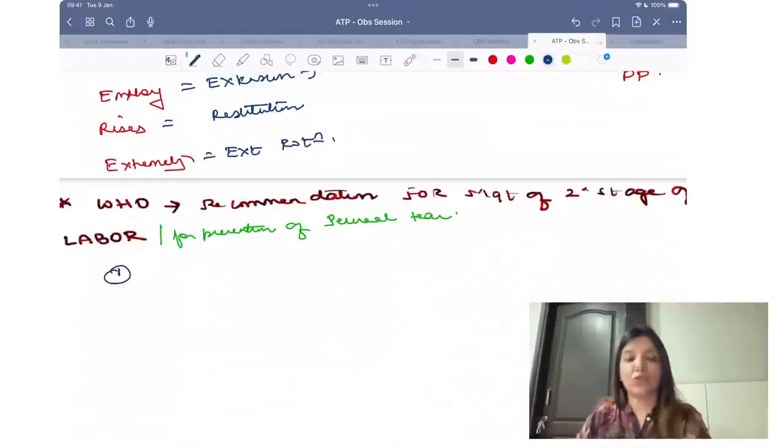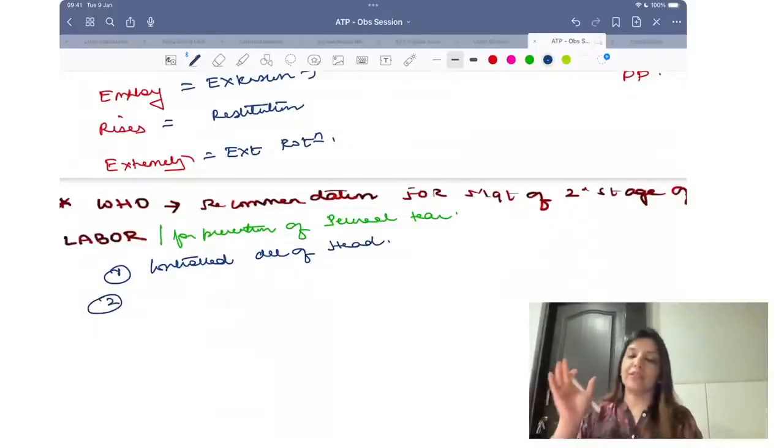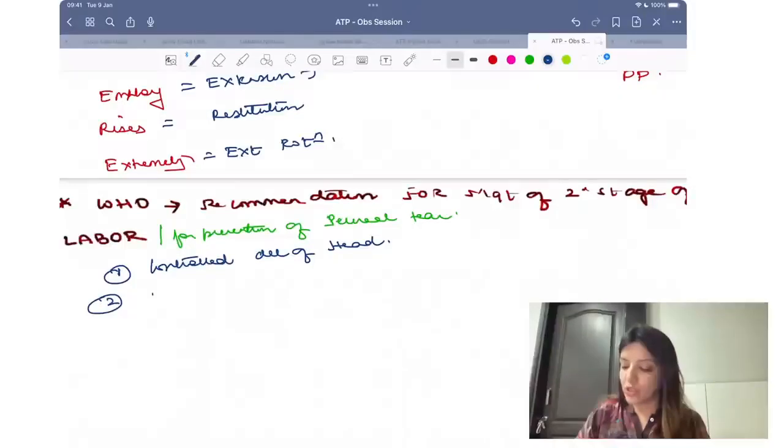Number one, WHO says that when you are delivering the head, do not be in a hurry. So you have to do controlled delivery of the head. Number two, when you are delivering the head, one of your hands should be on the perineum to give perineal support. So number two is perineal support.